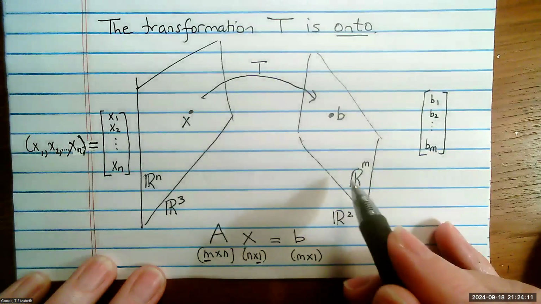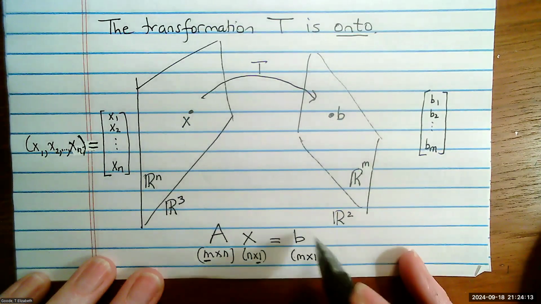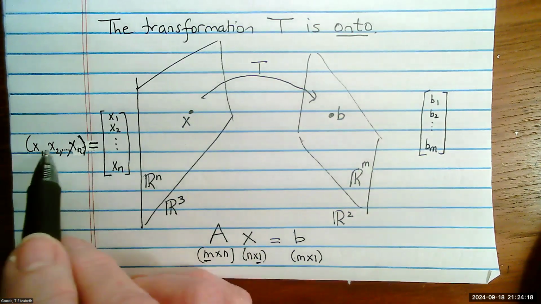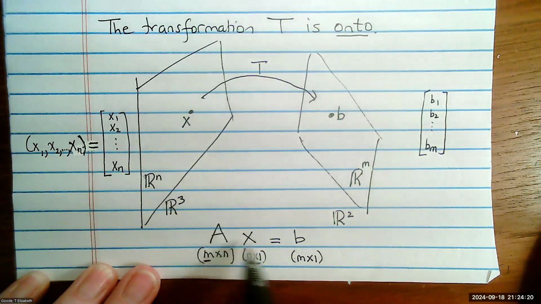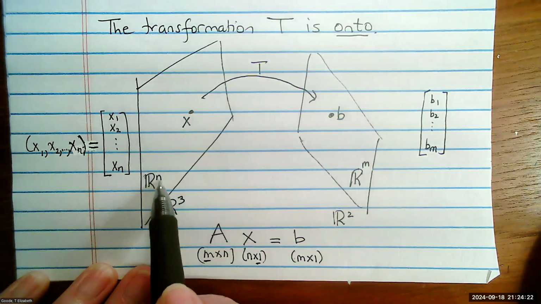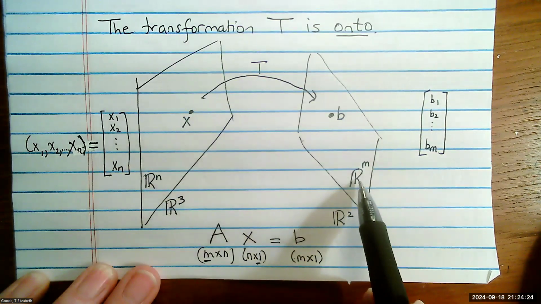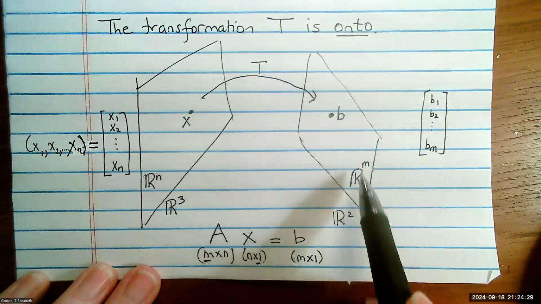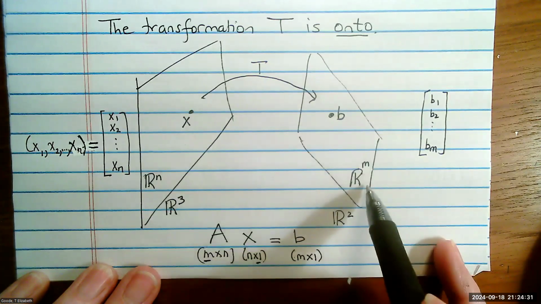B lives over here in Rm. That means it's got m coordinates. X lives in Rn, it's got n coordinates. And the action of A sends an X from Rn into Rm. The image of X is some vector or m-tuple in Rm.